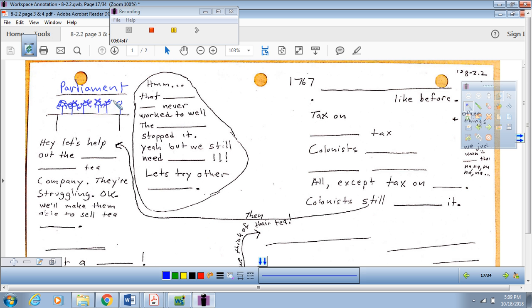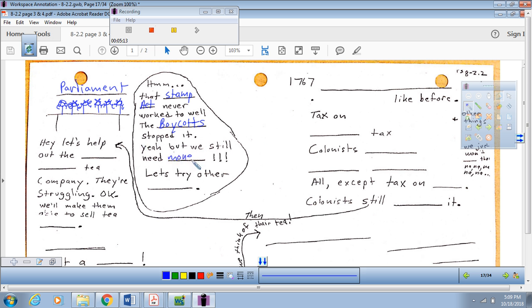Now, the discussion in Parliament went something like this. That Stamp Act never worked too well. Yes, the boycott stopped it. Yeah, but we still need money.